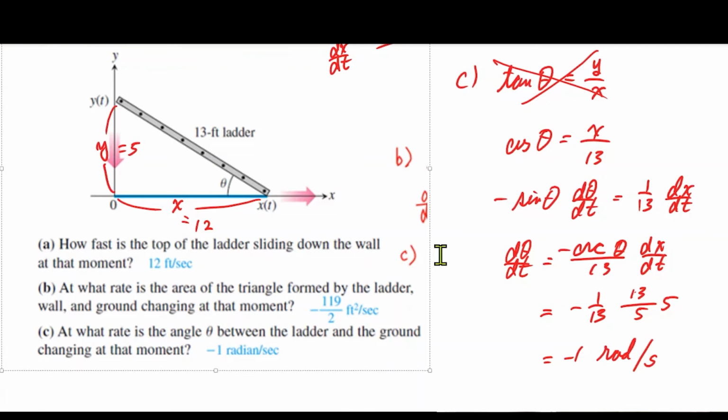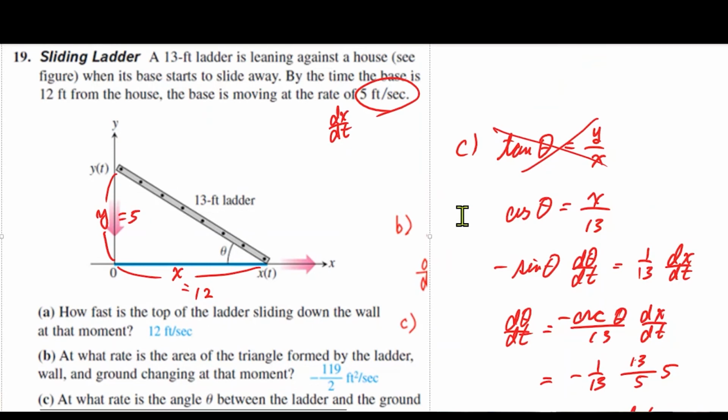Okay, questions before I move on to the next one? Is there a reason you started with cosine rather than sine, or does it not matter which one you start with? It doesn't matter too much, but what is given is dx dt instead of dy dt, right? We have done A and B, so you know dy dt too, so you can recycle that.